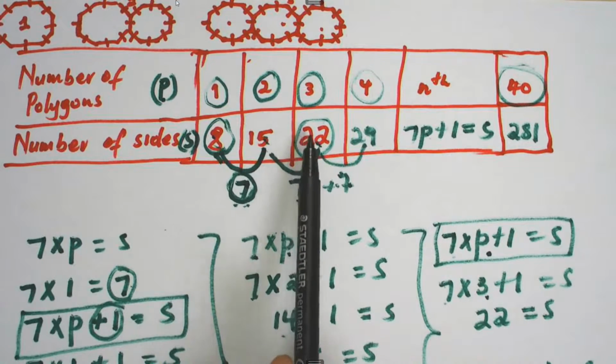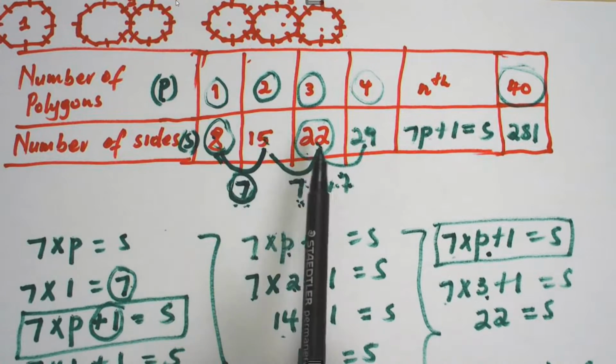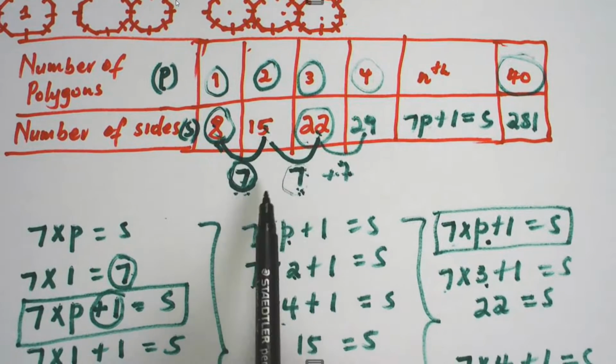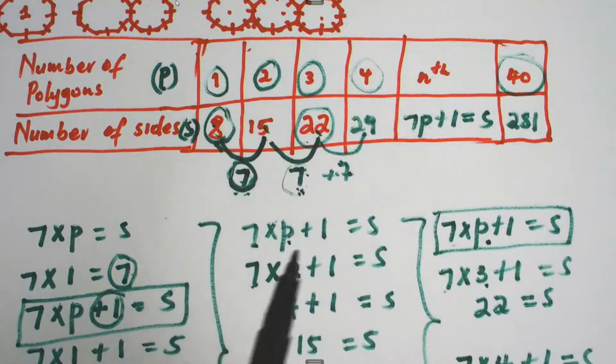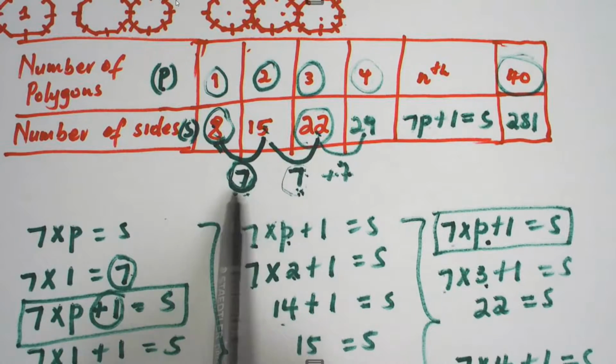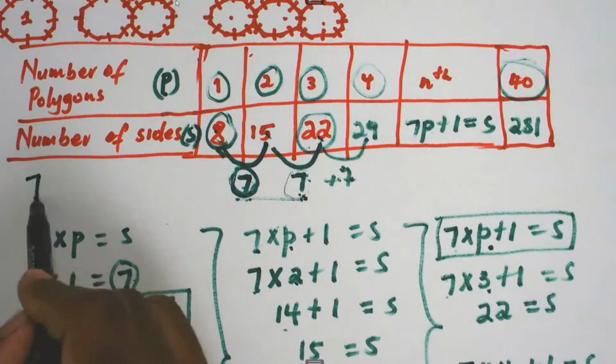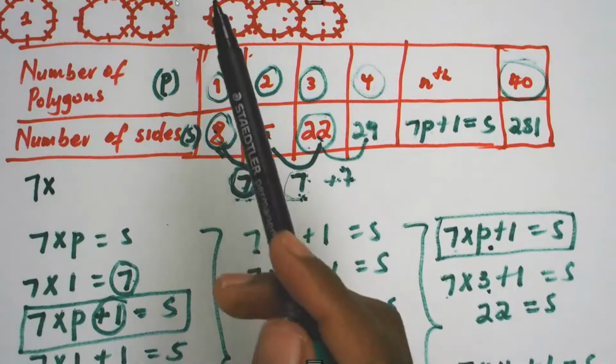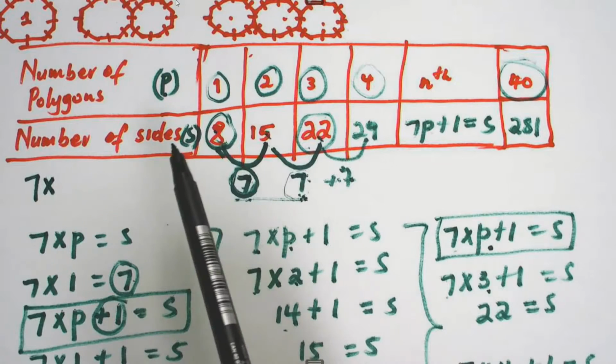And then take the third minus the second, 22 minus 15. The minute you see something is constant, it does not change, then automatically you take it and use it as your first point of reference to multiply by the relationship of the items that are given to you on top.